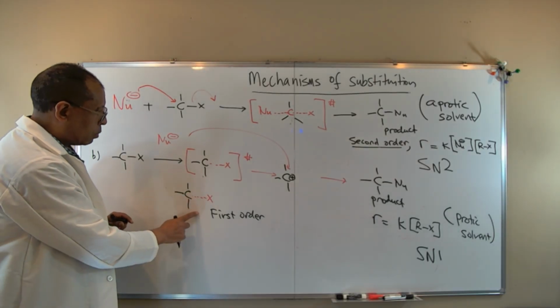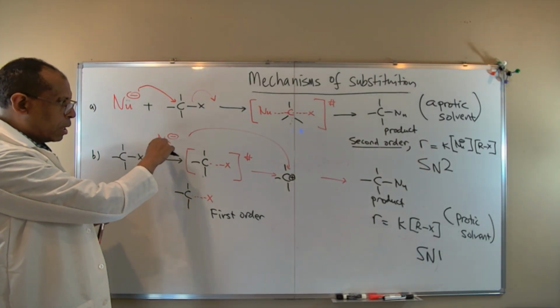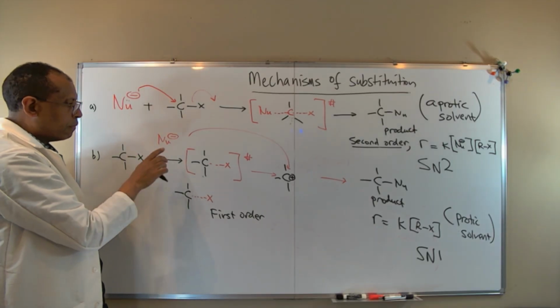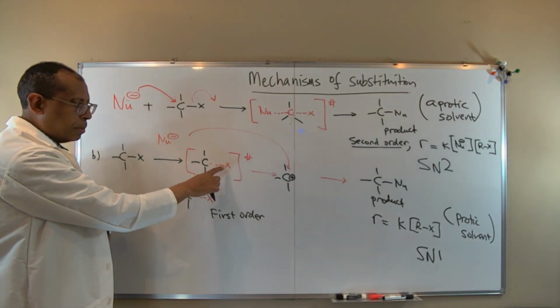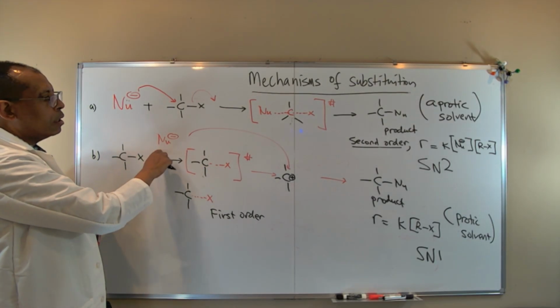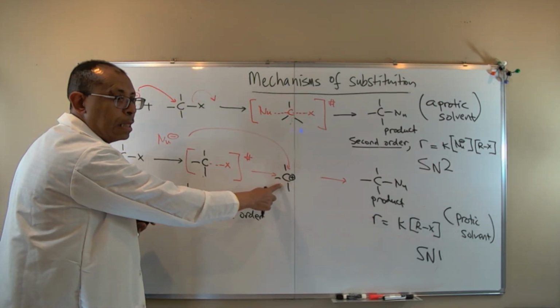So this is first order based on the mechanism. The mechanism involves first the heterolysis of the carbon-X bond, and then the nucleophile comes and attacks the intermediate.